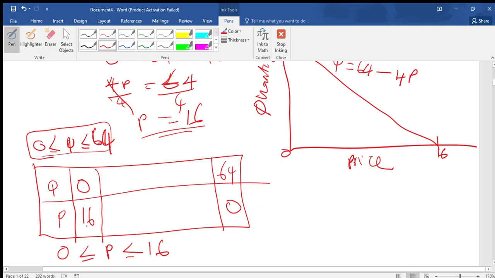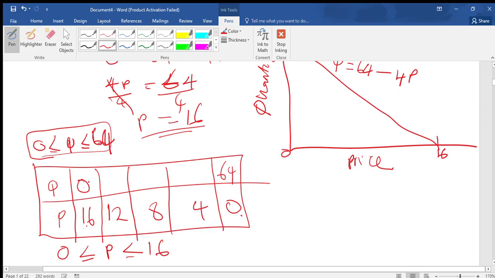So I can use the scale from 16 to 0, decreasing it by 4. 16 minus 4 gives 12, minus 4 is 8, minus 4 is 4, until I get 0.